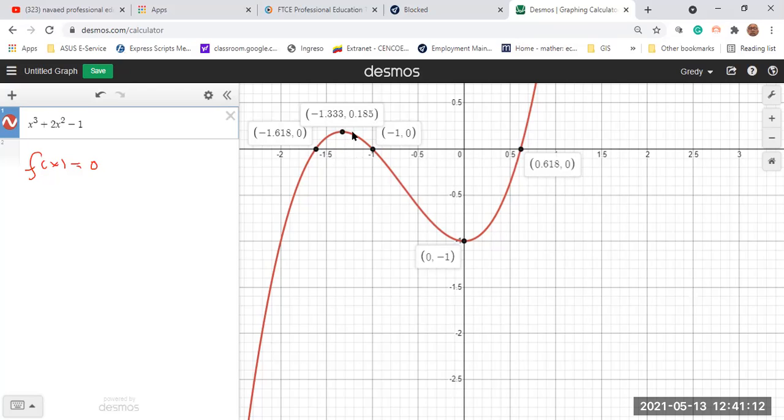That means it's a maximum, because it goes from 0 up and then down. Using this graphing calculator, you can tell that one is a maximum. But now we're going to use the definition of the higher-order derivative, like the second derivative, to prove that one is a maximum, actually.